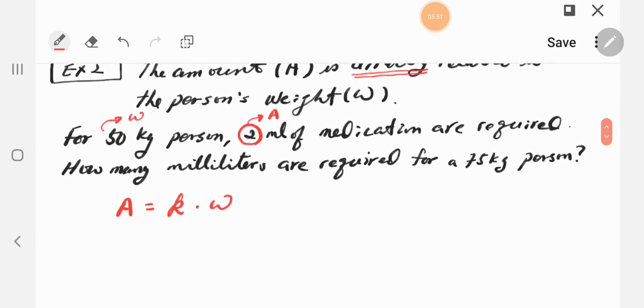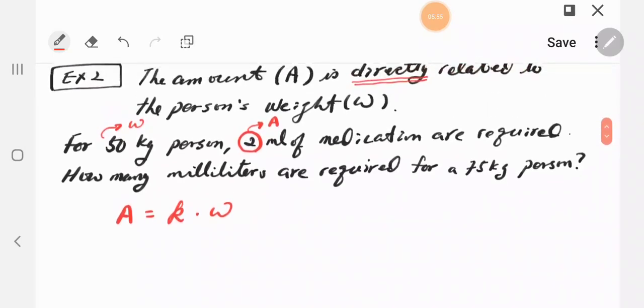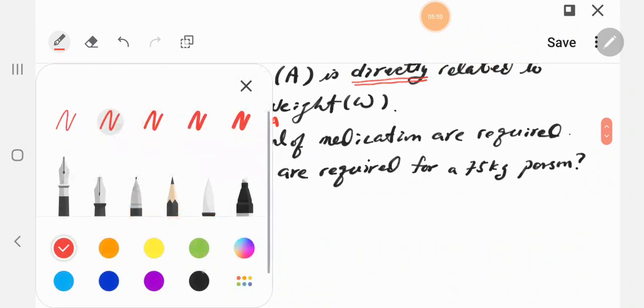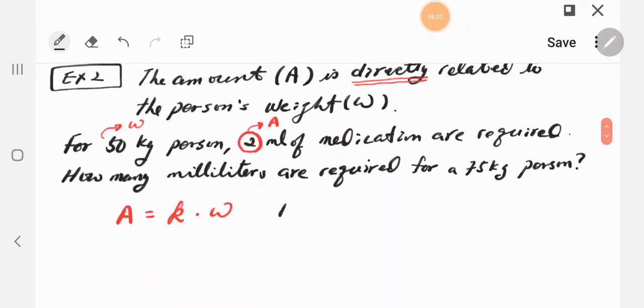So in order to find this one, let's find k first, because from the first sentence, A and W are given. The values are given. So from this, we know that A is 2 milliliters, and the weight of a person is 50 kilograms.